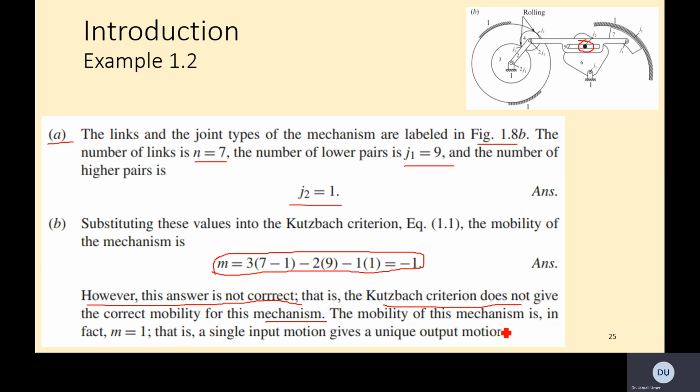The mobility of this mechanism is in fact M equals 1. Why this? This is a qualitative way of doing it. Just imagine it's rotating this way. This moves down because this is a drum, so this goes up. Up or down, this can only go in this direction.